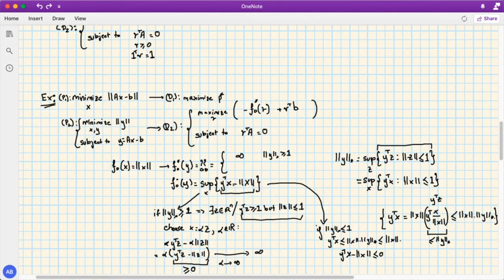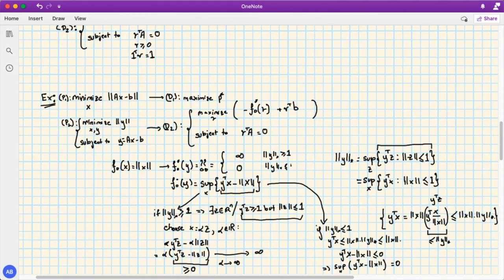And hence the sup in this case, attained when x is 0, is 0. So going back here, the conjugate function of the norm is 0 only when the dual norm is less than 1.